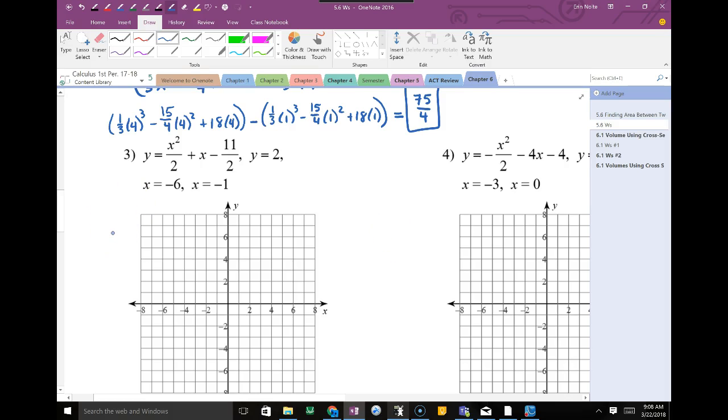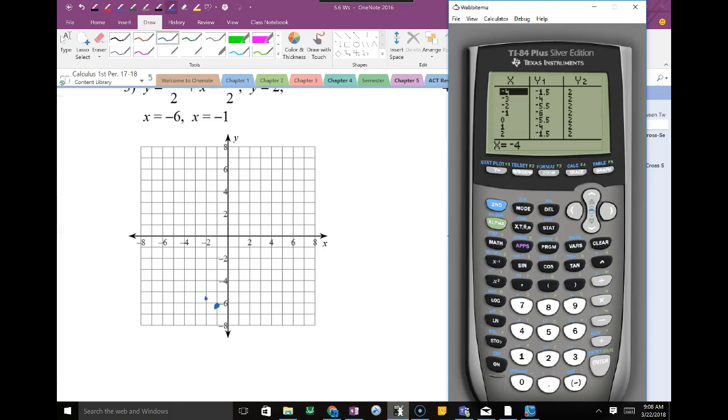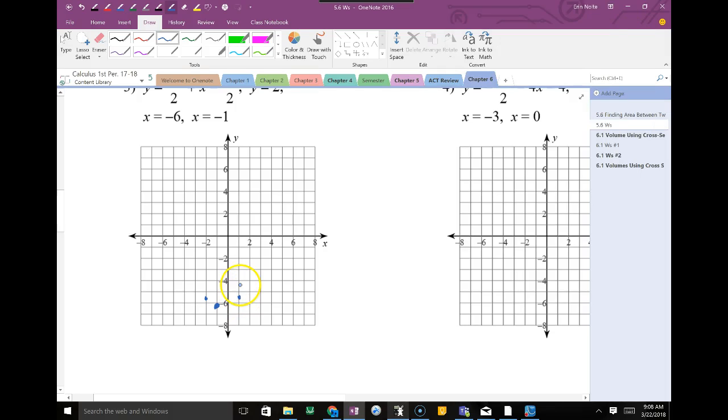Well, that's annoying. Oh, there we go. What else do I got? Can you guys tell me the points? Is that the lowest one? There we go. I'll just draw like this. That looks perfect. Excellent. Y equals 2 is like right there.